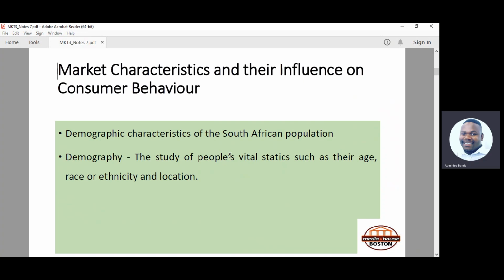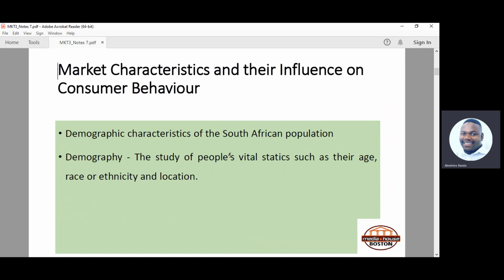We can target people based on their age. We can target people based on their generation. So these things do matter. For example, if you are selling or marketing brands that specifically target a race, you need to consider the characteristics of that race. I'll give you an example of Mealie meal.